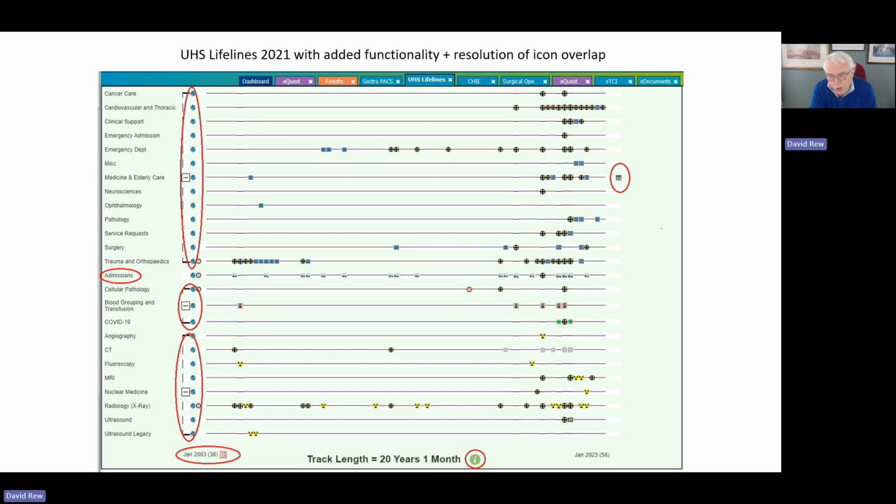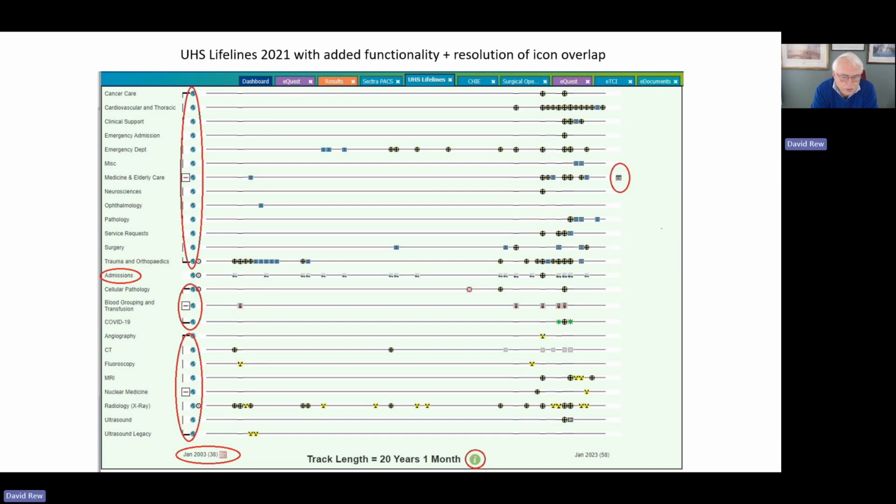If you have more than one icon intersecting on one subject line and one time point, then you have a problem, because the icons have to be either overlapped, in which case you can't see what's going on behind, or they have to be laid alongside each other, in which case the architecture of the interface is lost, because you've no longer got two-dimensional relationships of position between the subject matter and the time point.